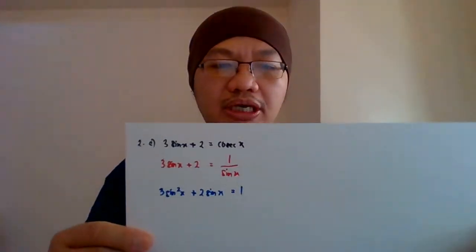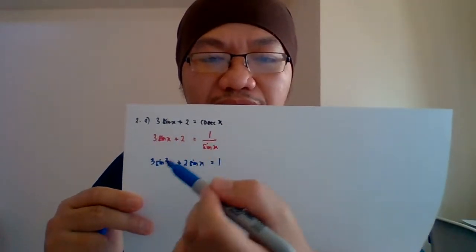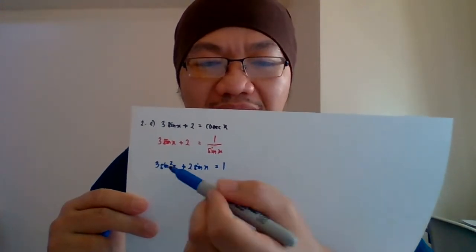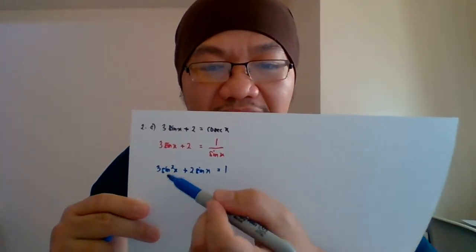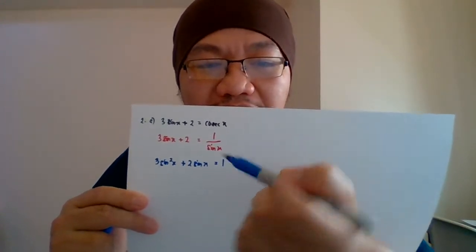Okay, sine squared x, plus 2 sine x equals 1. We move the sine x to this side, then we expand, and we get this blue color, and this is a quadratic: 3 sine squared x plus 2 sine x, and this one moves here and becomes minus 1 equals 0.